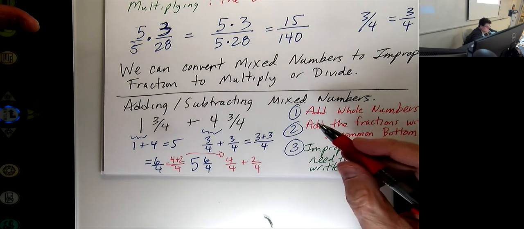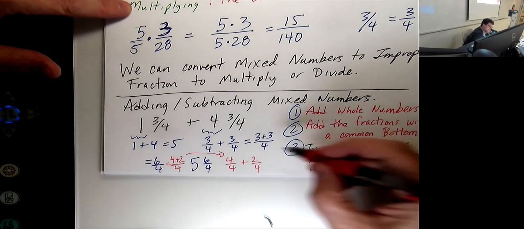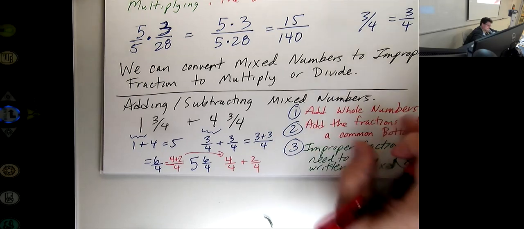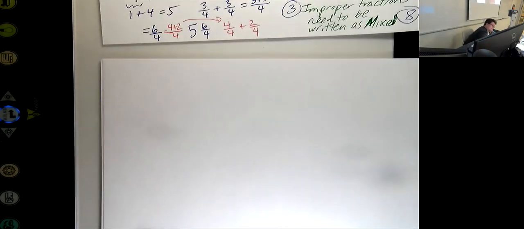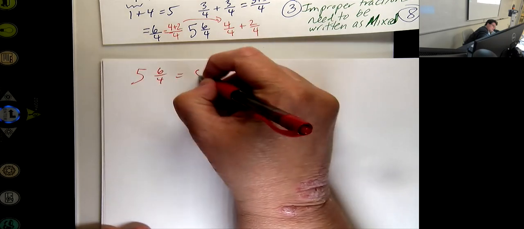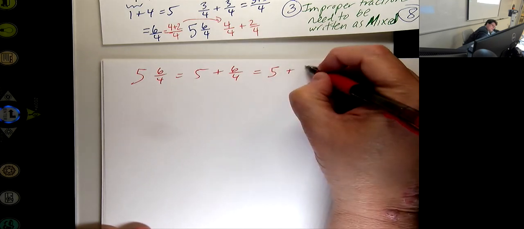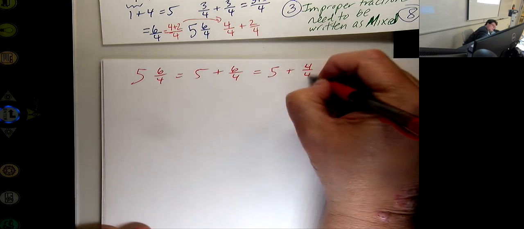The 4/4 is a whole number, it turns into 1. This is the division part. So this is where you add that 1 to the 5. So what I'm going to do is the 5 and 6/4 is 5 plus 6/4, which is 5 plus the 4/4 plus the 2/4.